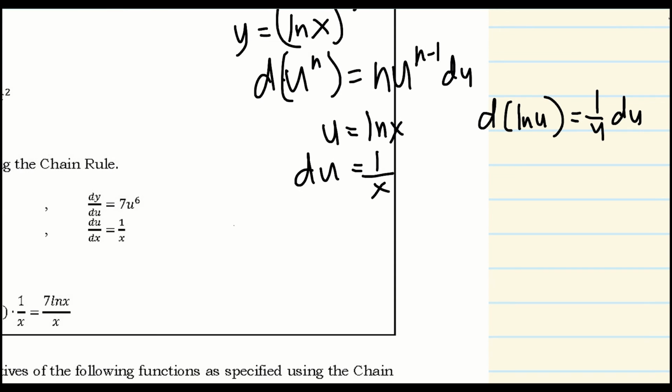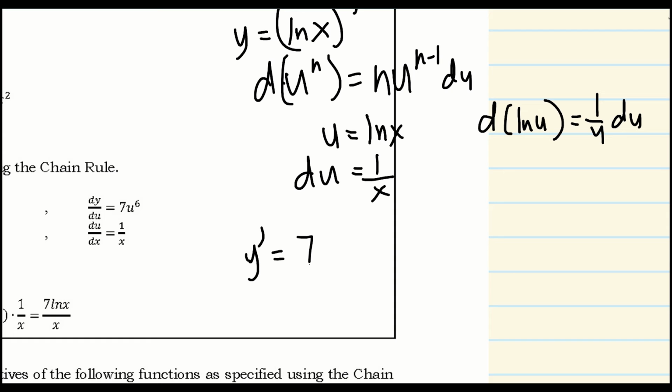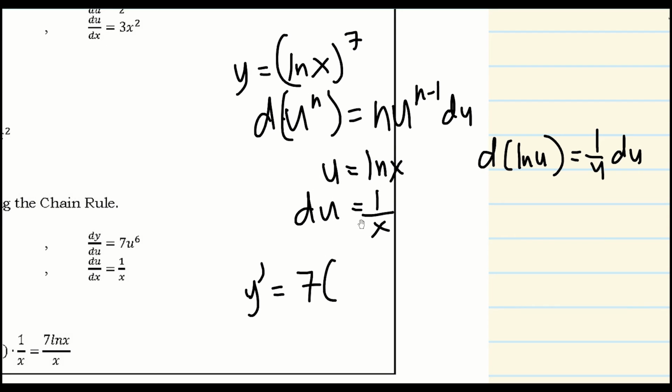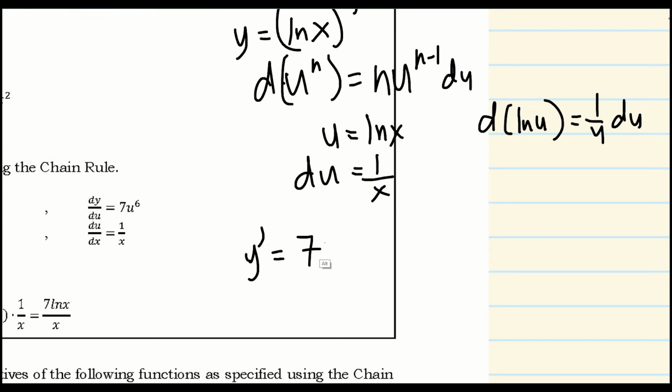So we substitute it. What is our n? Our n is 7, so 7 times what is our u? Our u is ln x, so ln x, we need to put it.